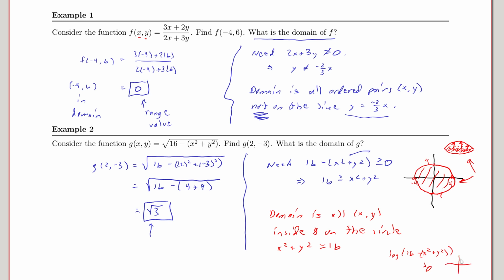So the difference would be your circle would be dotted, and your domain would be everything inside. And I have no idea what the surface would look like. Okay, so I wouldn't worry about that. Okay, so let's look at an application on the next page, page 3.